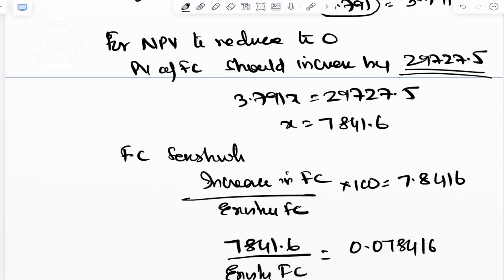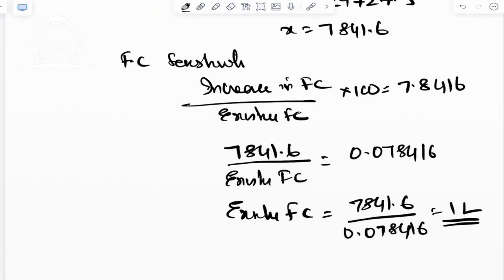Yes, beta. Once you're done with this, beta, you can arrive at the answers to the subsequent bits. बाकी के बिट्स बेटा डायरेक्ट आ जाएंगे अभी because you already have fixed costs.